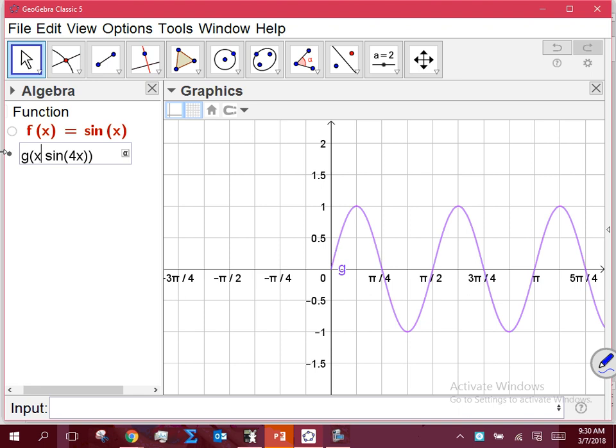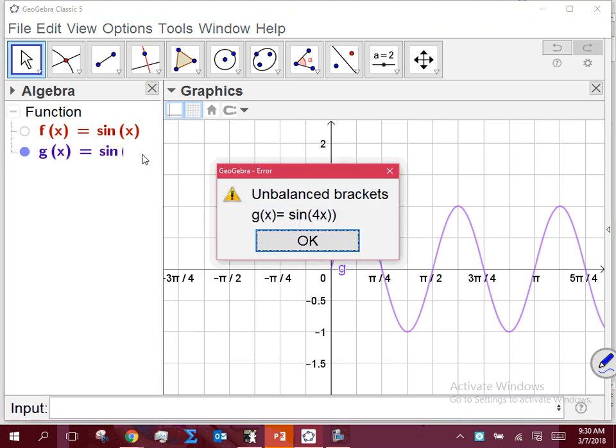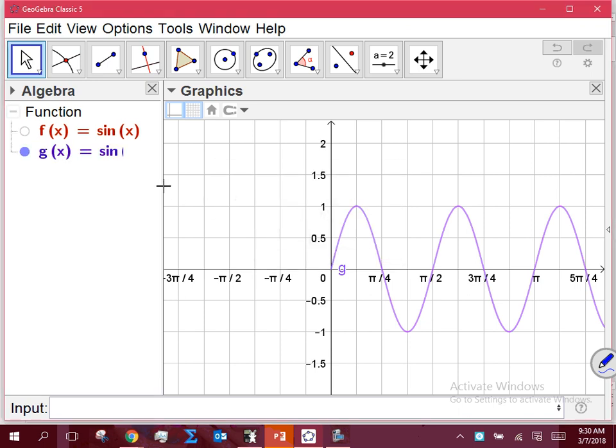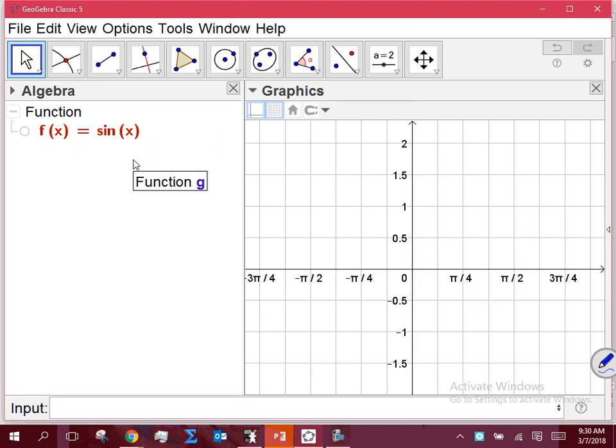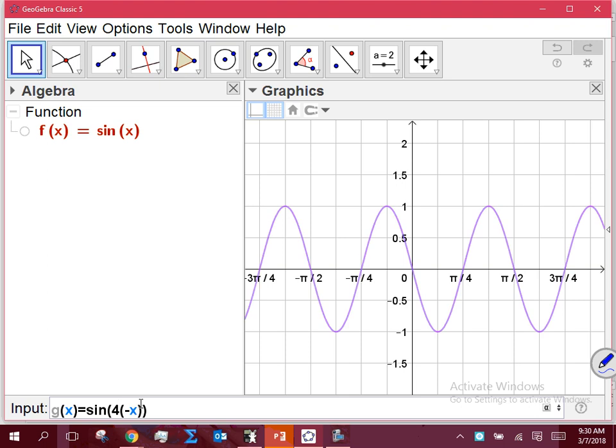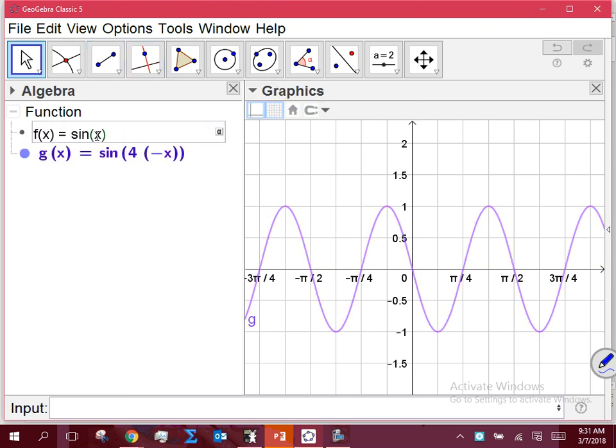So let's call this g of x. g of x equals sine of 4 times negative x. How does that relate to sine of just 4x?